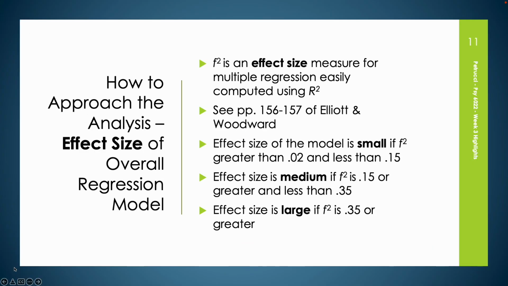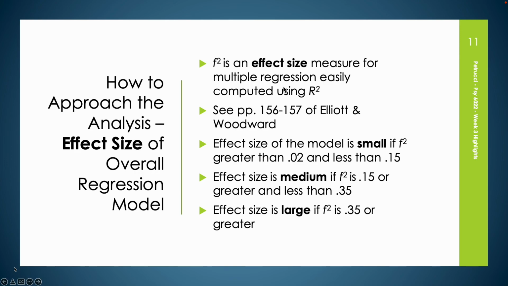Okay, one last thing we're going to talk about in terms of how to approach the analysis is effect size of the overall regression analysis. And this is pretty easy to compute. It's talked about on page 156, 157 of Elliott and Woodward. And we compute the F-squared statistic. This is an effect size measure for multiple regression.